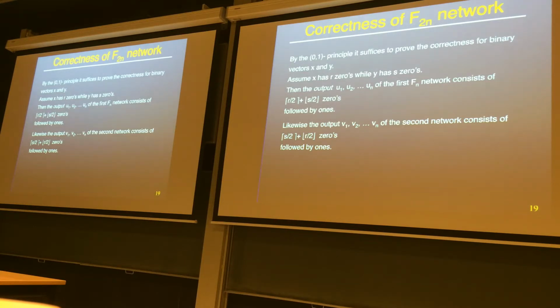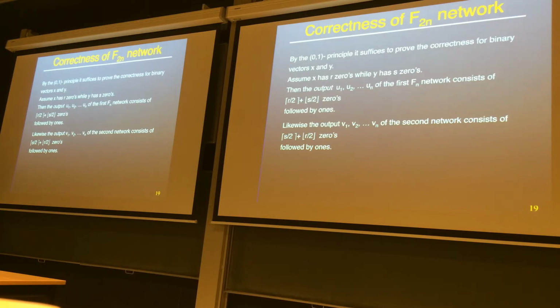So that means that you pair zeros from the first network with zeros from the second network, and the comparators don't have to do anything. If both R and S are odd, the same happens. This equals that. The number of zeros from the first equals the number of zeros from the second one.